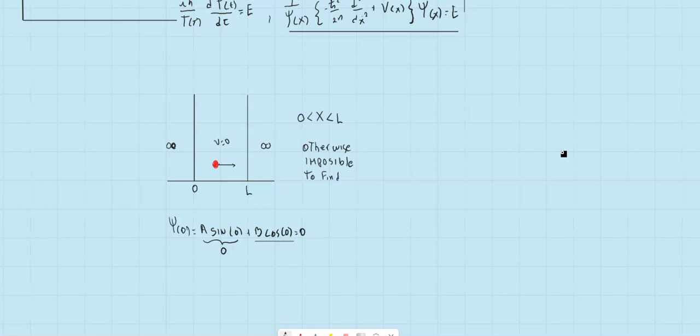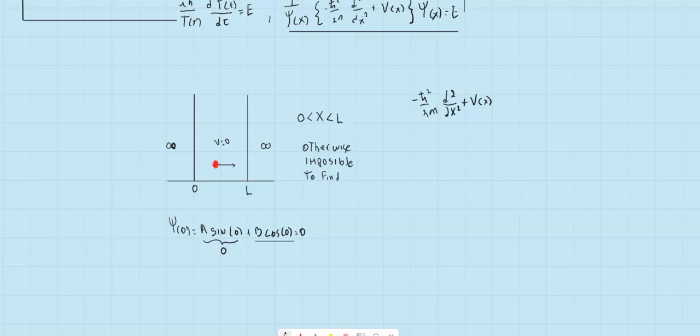So what I'm going to do is get my time independent, negative h bar squared over 2m second derivative d squared over dx squared plus V of x.